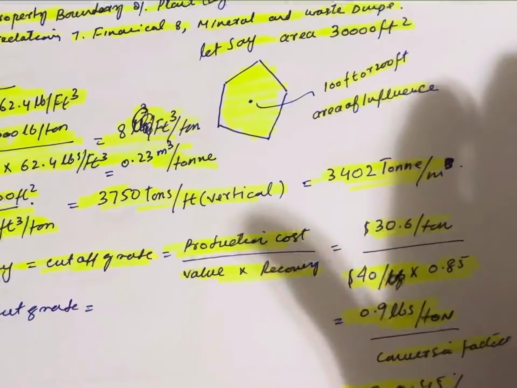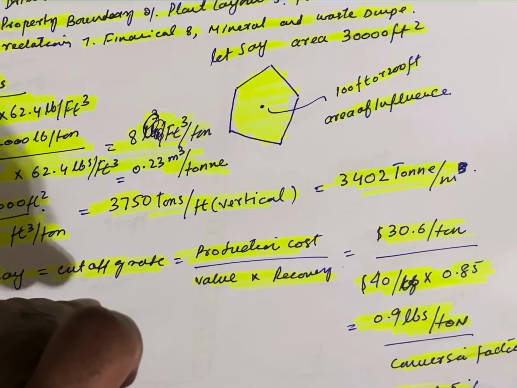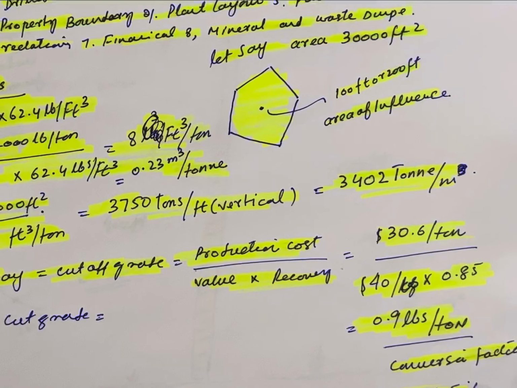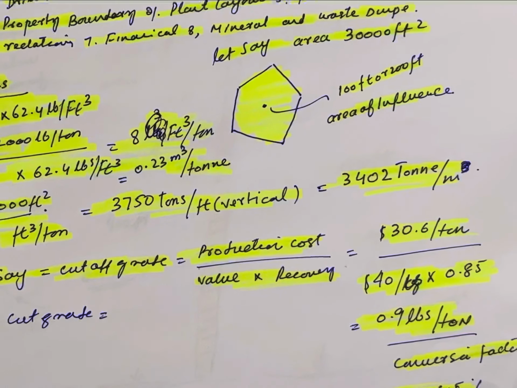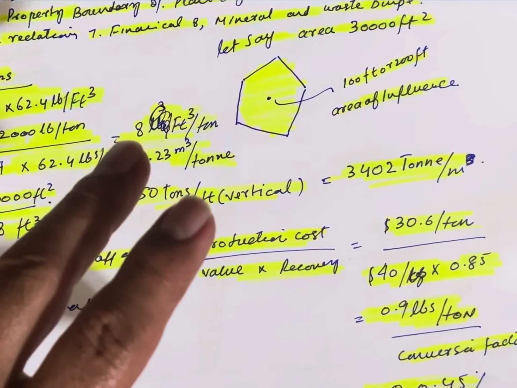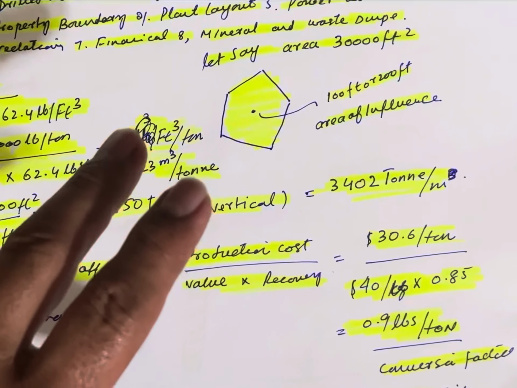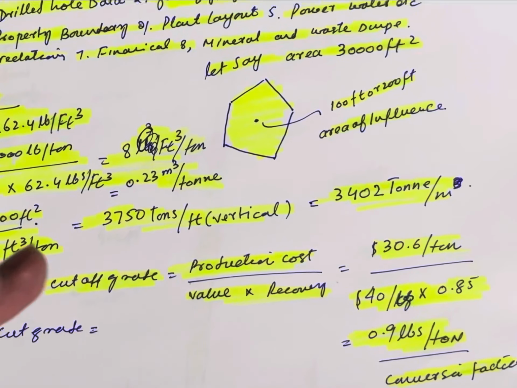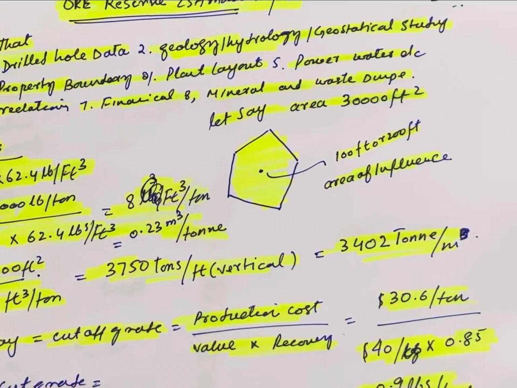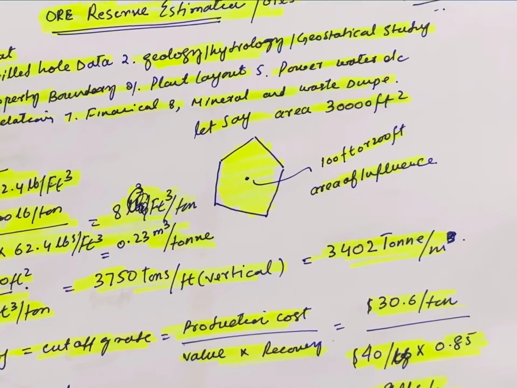So after that, when we calculate these tons and cut-off grade, we then do the pit slope angle, from where we start mining. In the case of little overburden, we can start from the beginning, but in some ore, we have to remove the overburden.